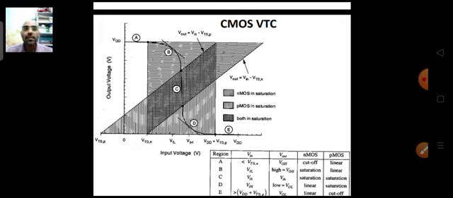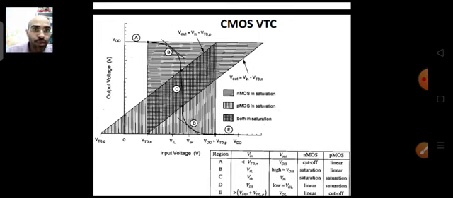Now similarly, if you want to determine the threshold voltage of the inverter, not the threshold voltage of the NMOS or of the PMOS, because those are constants, but if you choose some NMOS and PMOS and combine them to form an inverter, then there will be some threshold voltage of the inverter as well.